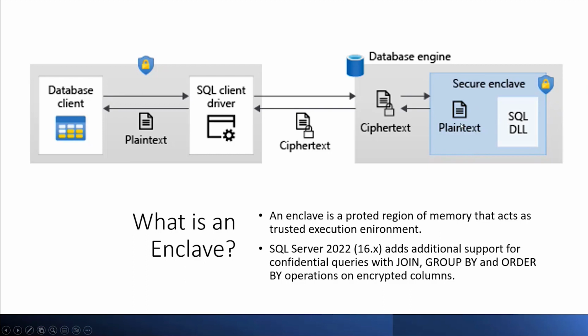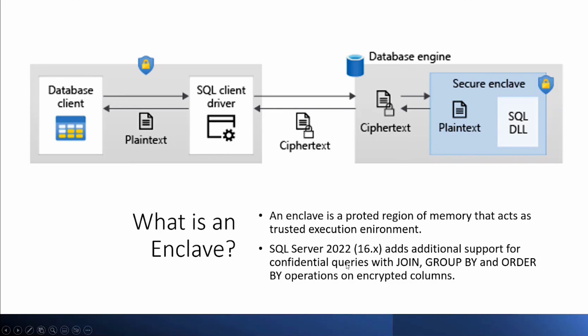So all the operations on the encrypted column happen inside the secure enclave. Only the SQL Server enclave region knows the data, encrypts the data, decrypts the data, and does the queries, and the final result is passed to the application. This is the main idea behind it.